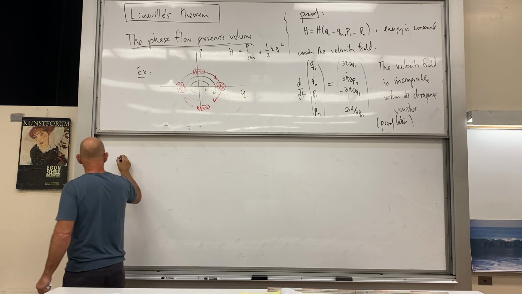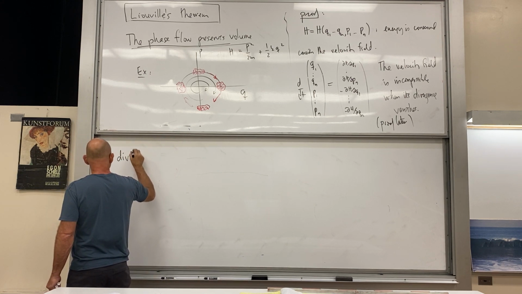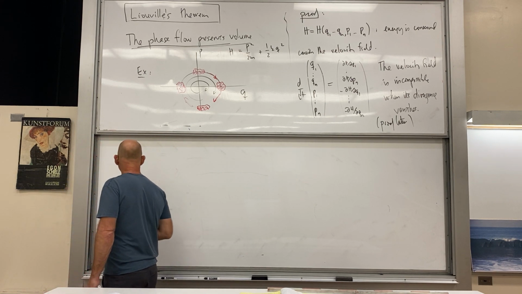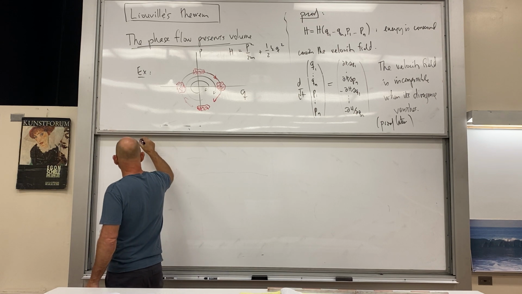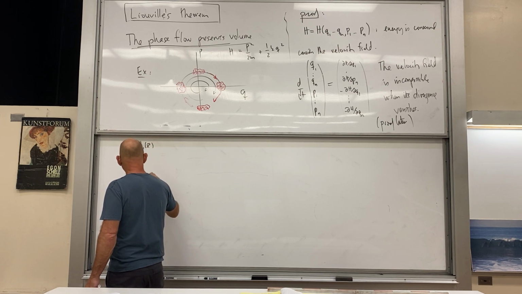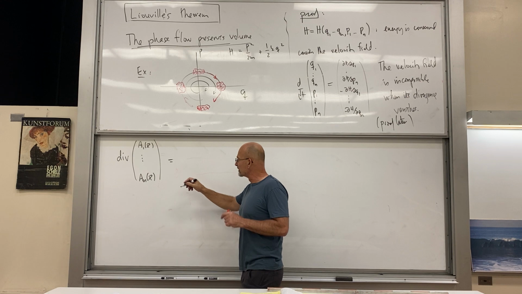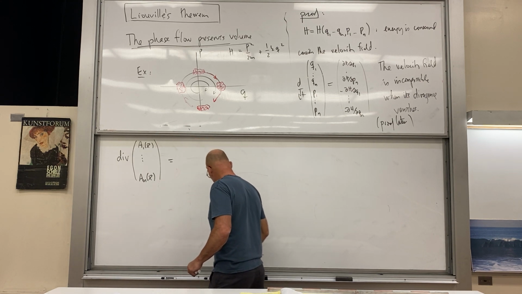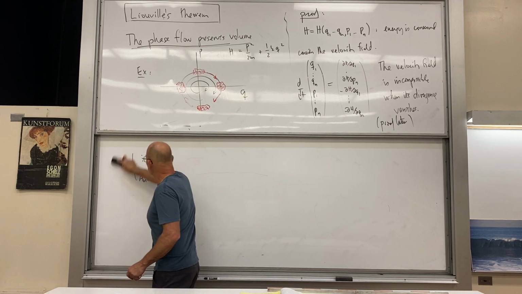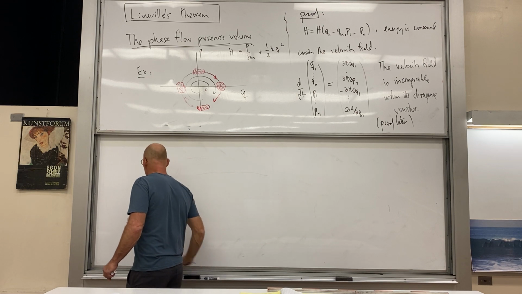Divergence of a vector A1 of x all the way down to An of x. The divergence of this vector, in fact, I should have started with, let's do this.